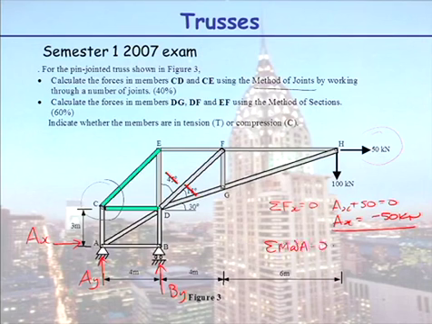So taking moments at A, we know we have 50 times our height here, and this is the issue. We don't know. We have been given a dimension 3 metres, but we don't know this height here. But what we do know is we've been given an angle of 30 degrees, so we know that angle in there is 30 degrees, and we have been told that that length there is 10 metres.